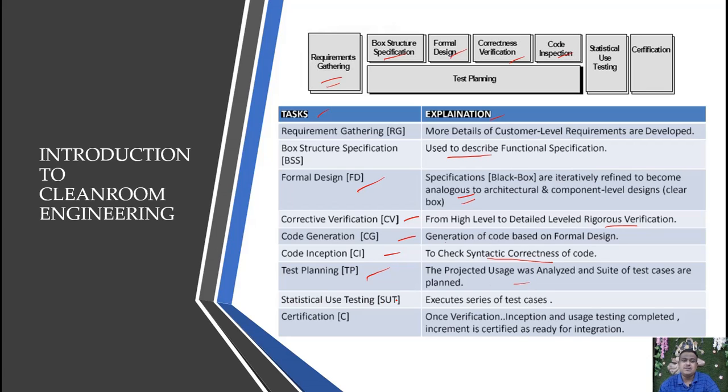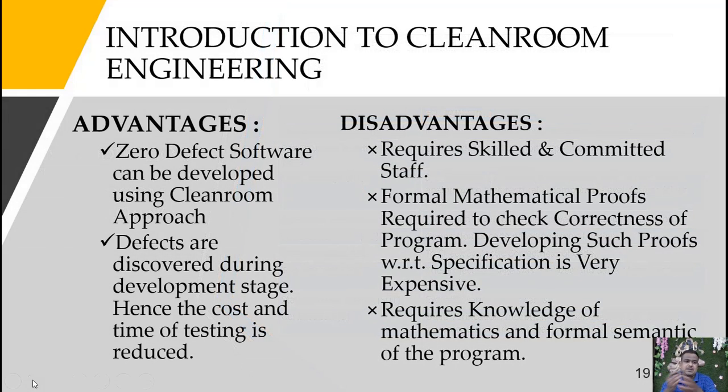Statistical use testing, SUT: execute a series of test cases. And C for certification at the last. Once verification and usage testing are completed, the increment is certified ready for integration. So these are the points.